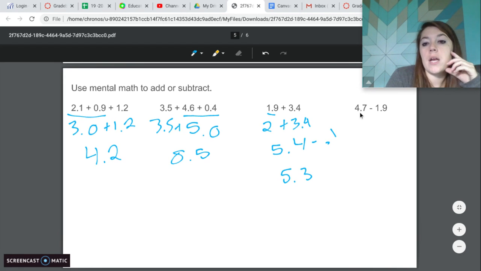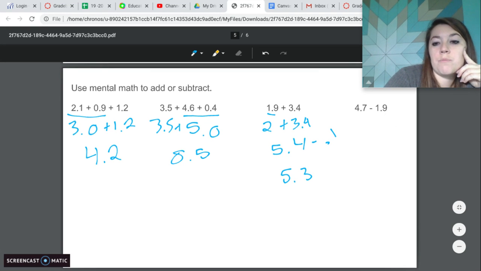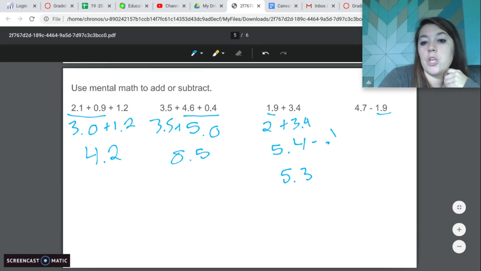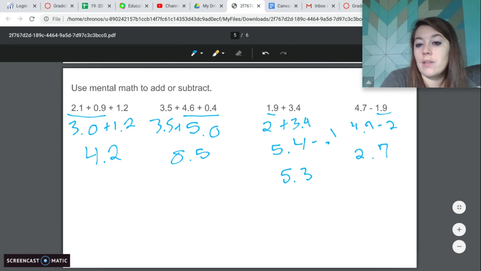And then this last one here, we have 4.7 minus 1.9. Once again, I'm going to change my 1.9. I'm going to take it up to 2. So we have 4.7 minus 2. 4 minus 2 is 2, so we end up with 2.7. But I went up a value, so I ended up subtracting more than what the original problem had me subtract.